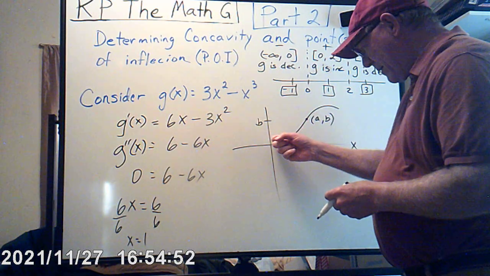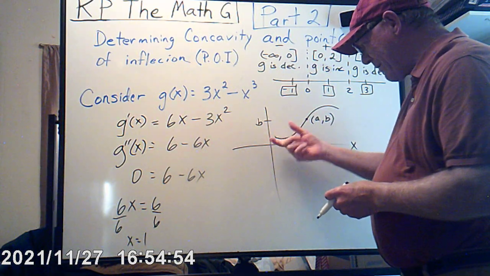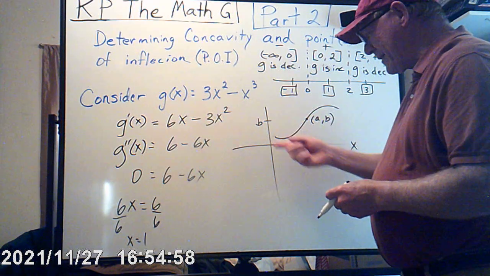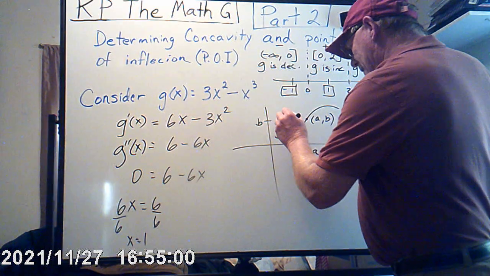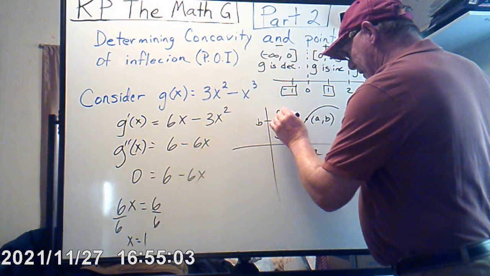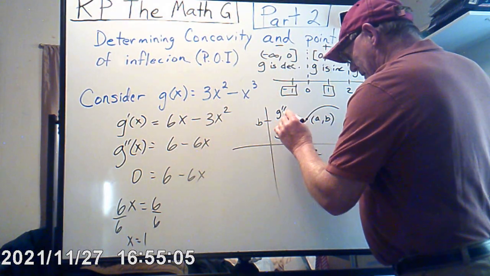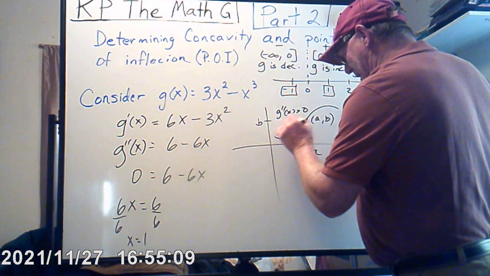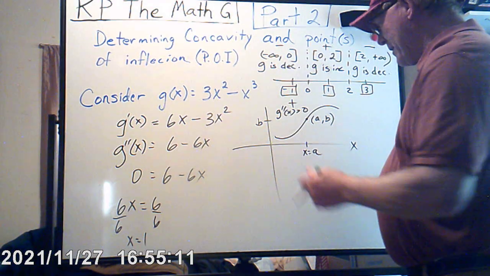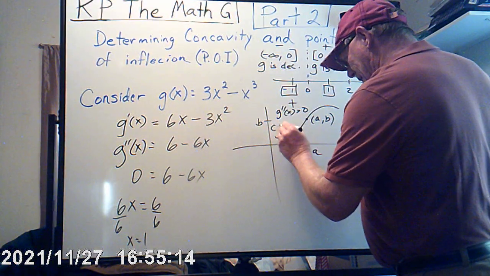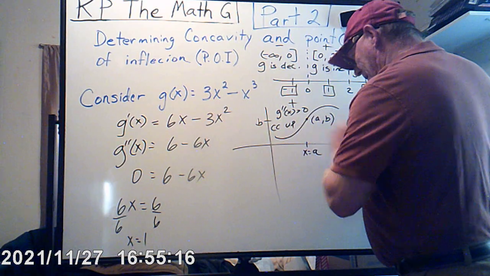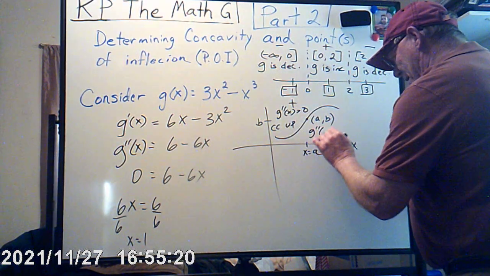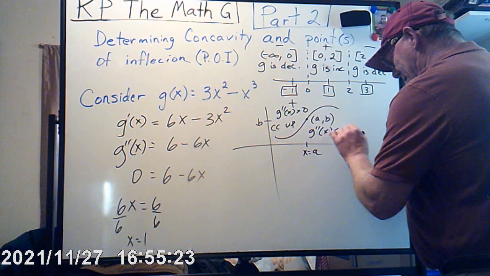So we're looking at concave up here, to the left of x equals A. In this case, G double prime of x is greater than 0. That means it's positive, so we're going to have concave up. In this particular case, G double prime of x is less than 0.